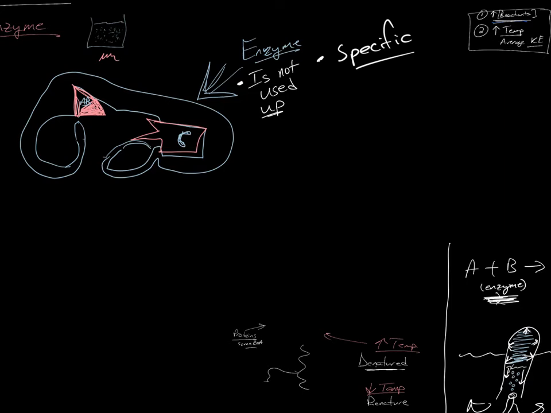RNA polymerase makes what? RNA. It doesn't make protein. It doesn't make DNA. All right? A ribosome makes what? Protein. It doesn't make DNA, and it doesn't make RNA. It's very specific.